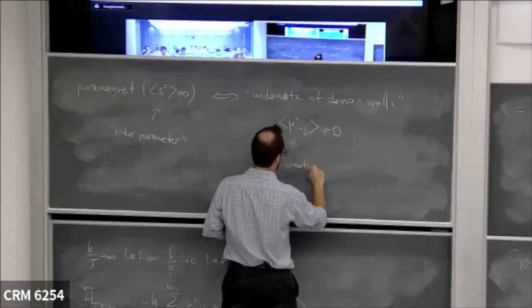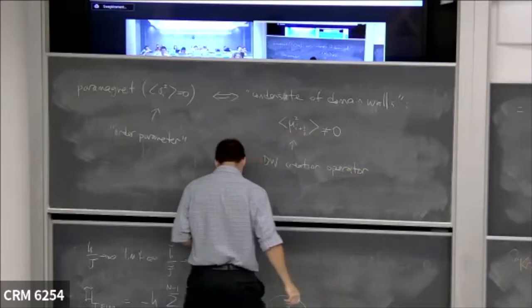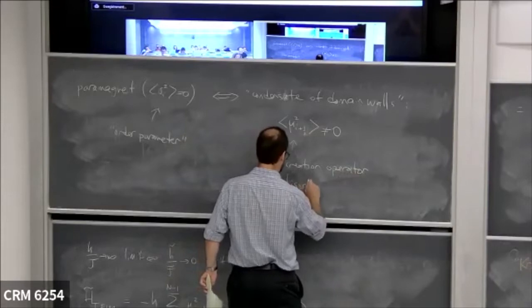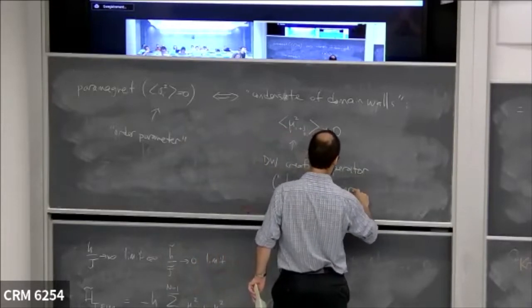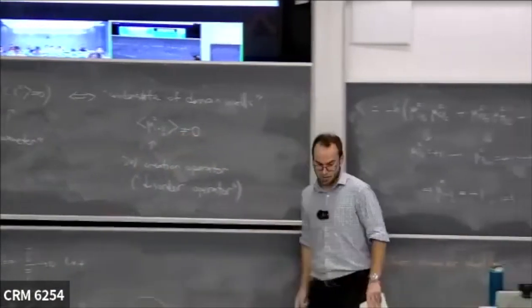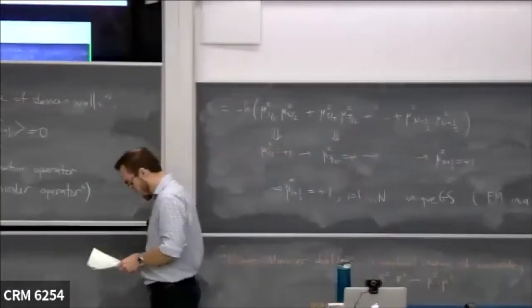So that's why we can think of this as a condensate of domain walls. In general, these types of operators that acquire an expectation value in a phase that in the original language is disordered are disorder operators. But again, notice that there's no symmetry breaking in this phase.